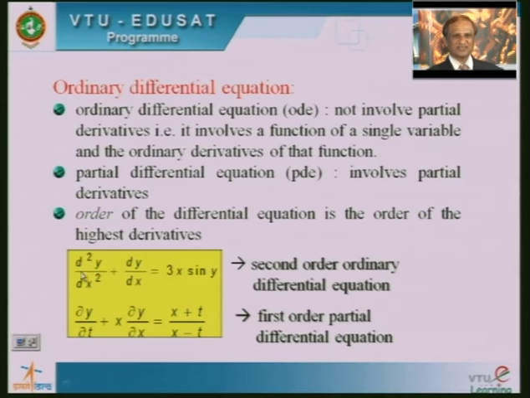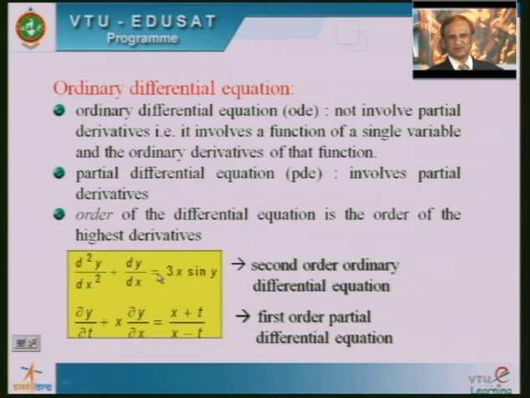Then I can say that this is a second order first degree differential equation. It means while observing degree, you want to identify the highest derivative present in the equation, and you want to identify what is the degree of that term, that becomes the degree of the differential equation. So this is a first degree second order differential equation, right.